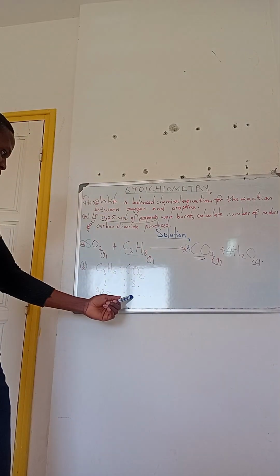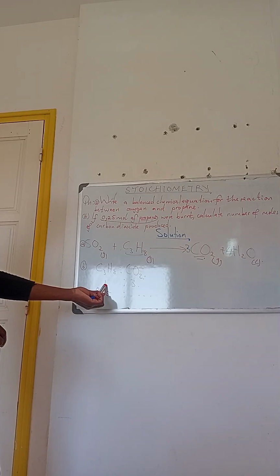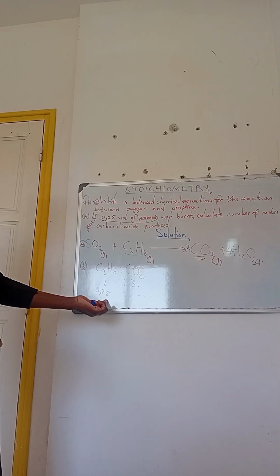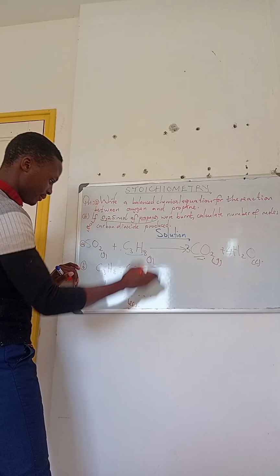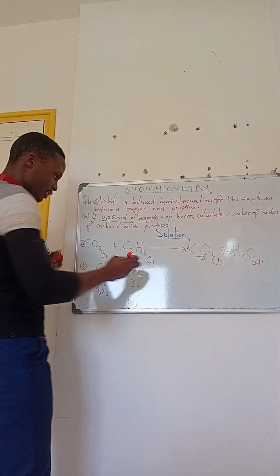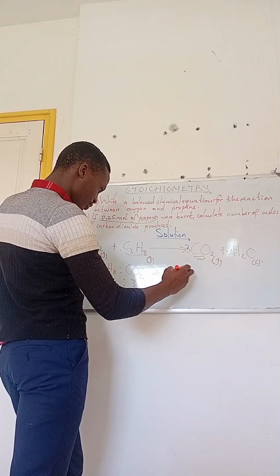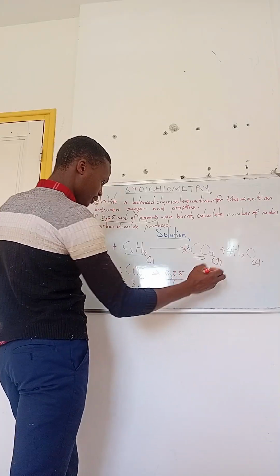Do we need more or less here? Because when we burn one molecule, there will be 3. So what about 0.25? We decrease the amount, so we need less. So we say 0.25 over 1 times 3.